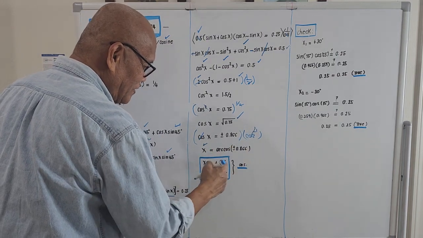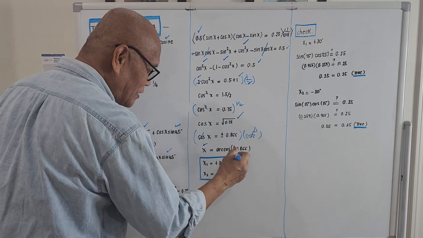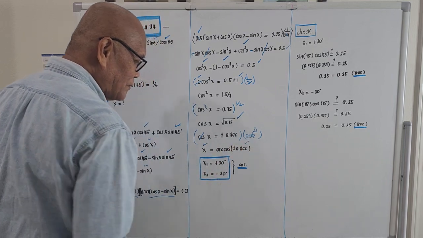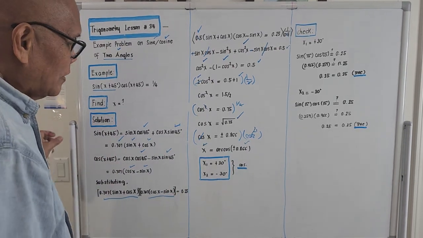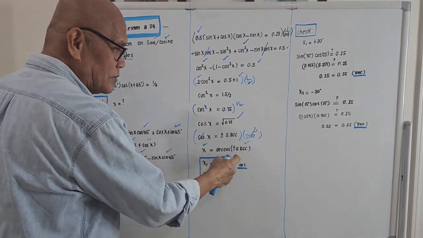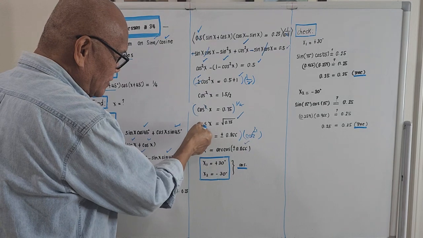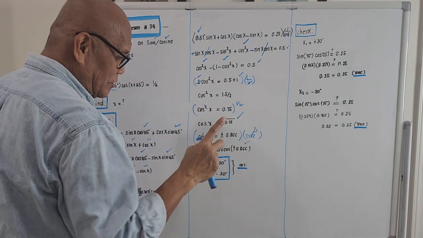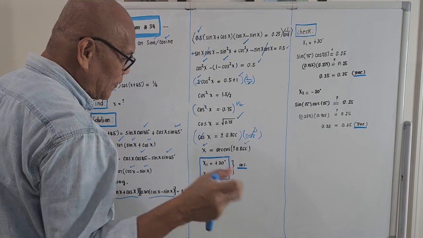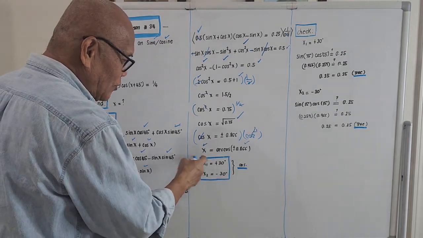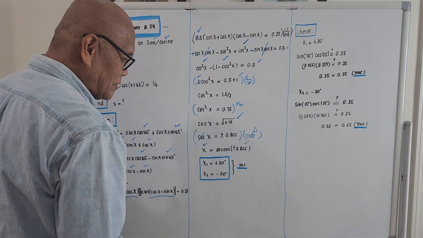So the right hand side will be the arc cosine of the quantity plus or minus 0.866. And if we use our calculator, this is a plus and minus. So since this is a quadratic equation, x should have 2 values. So x now will be arc cosine of plus or minus 0.866.